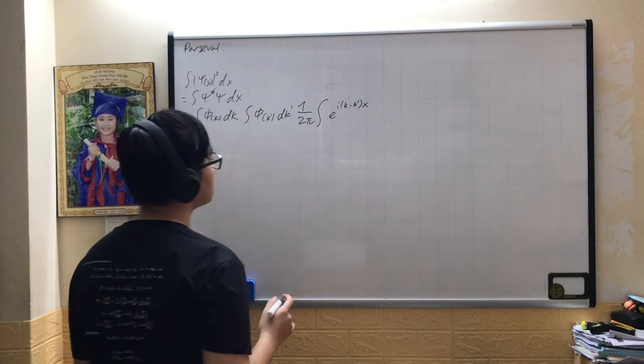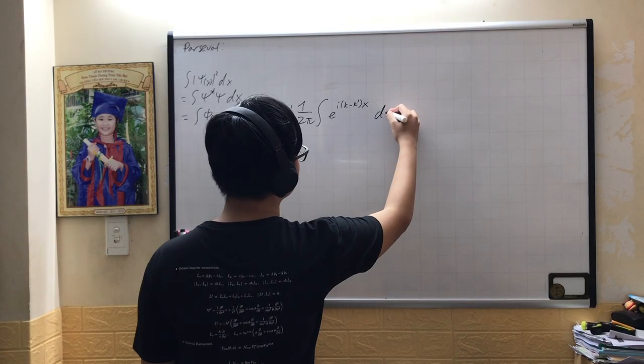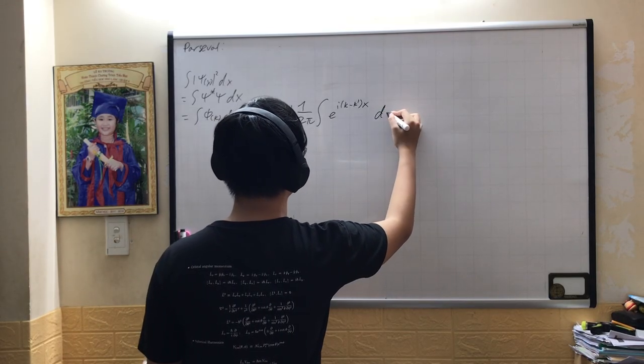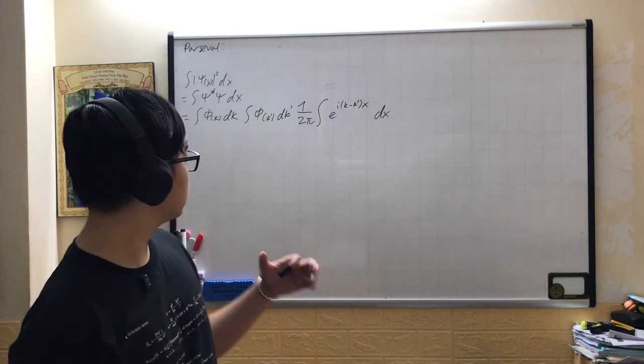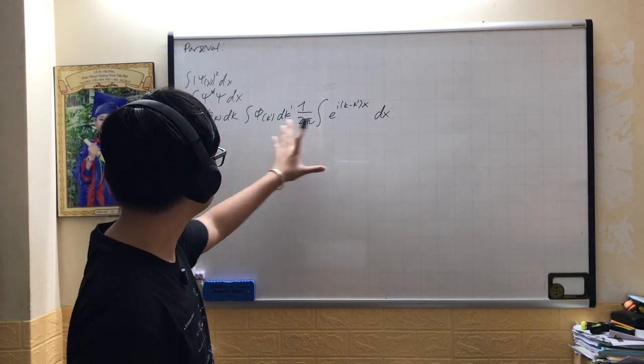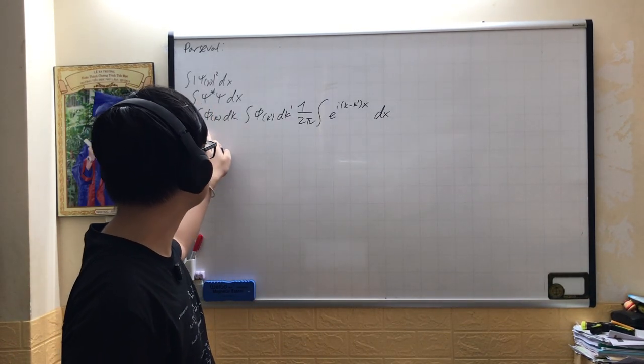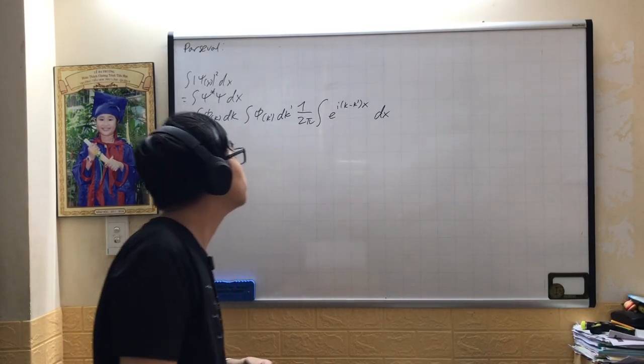Yeah, it is. It is this dx. And you have something like this when you put this into the k-space.